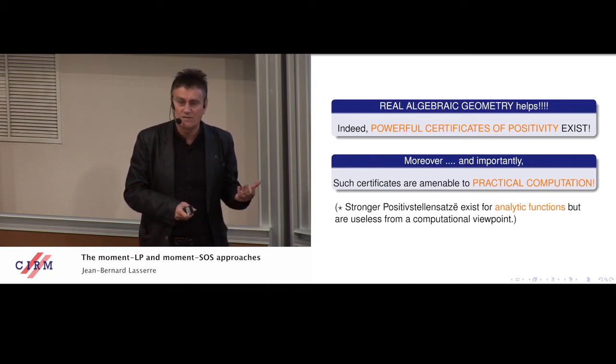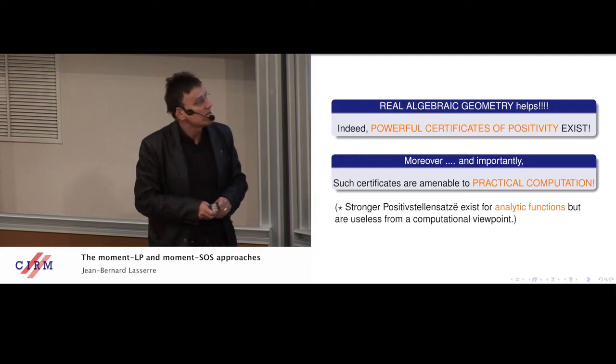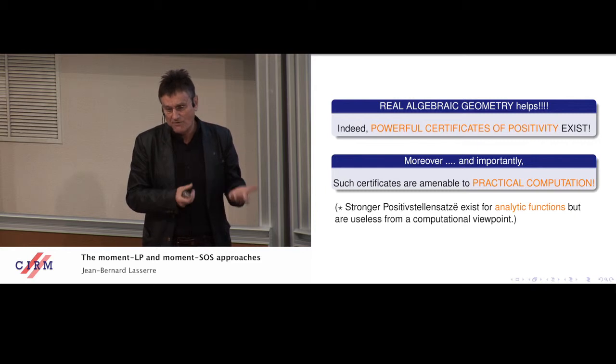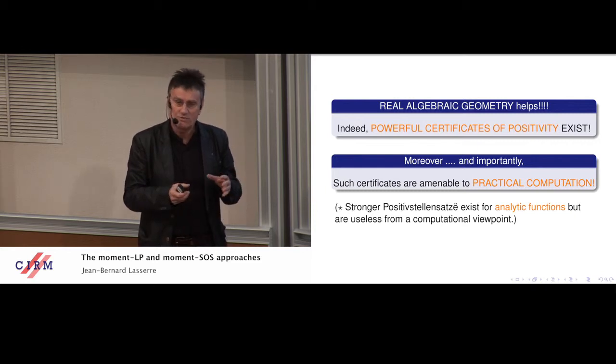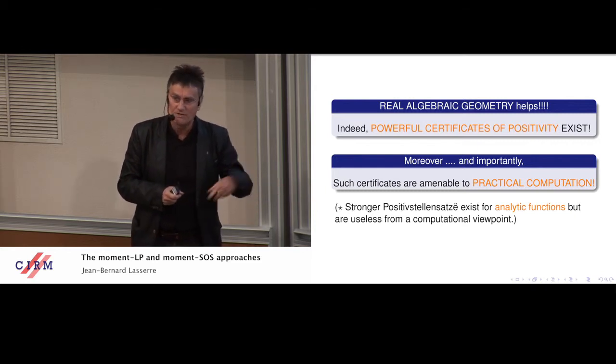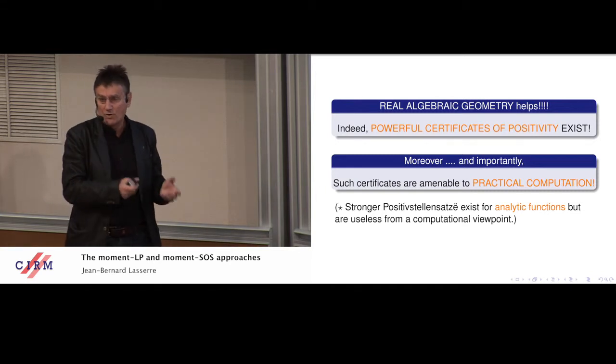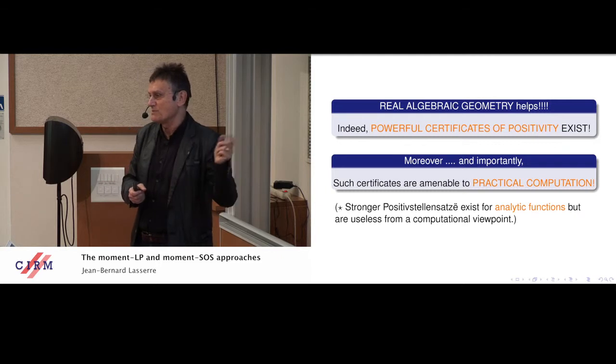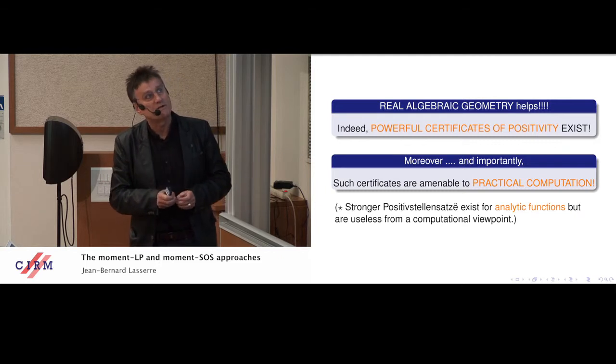So, in my mind, these positivity certificates of Schmudgen, Putinar, and others have this magic that not only are they very nice because they address a sufficiently large class of problems, but at the same time, you can use them efficiently for doing practical computation. And that's what I think is the difference in this case between pure mathematics and applied mathematics.